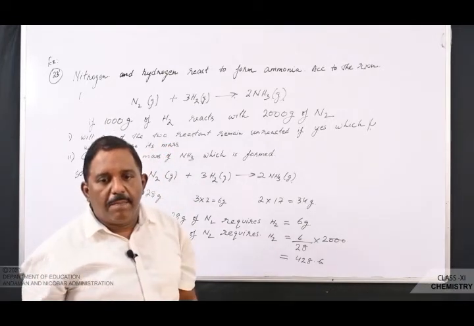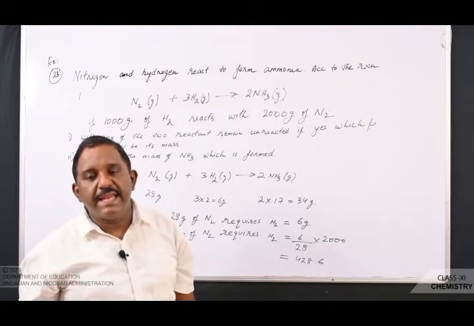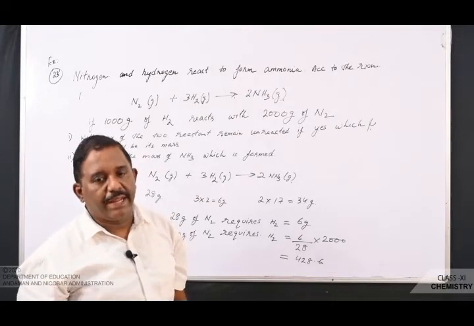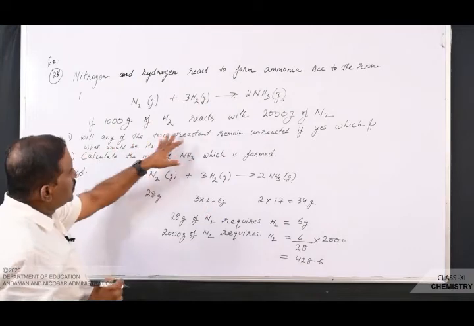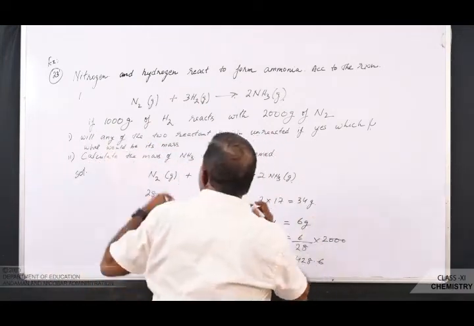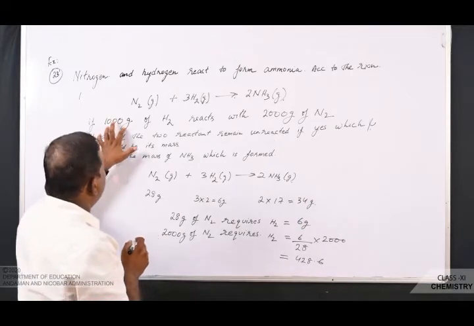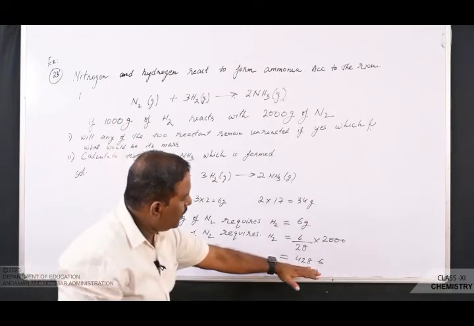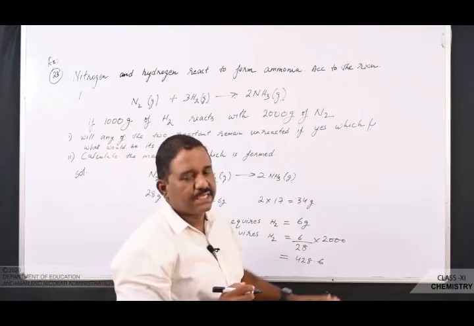This means that H2 is in excess and it will remain unreacted. So which one will be unreacted? H2 is unreacted, because it is supplied as 1000 grams and we required only 428.6 grams.